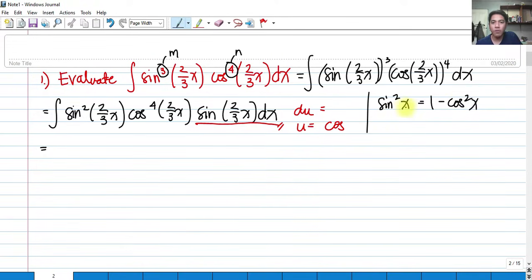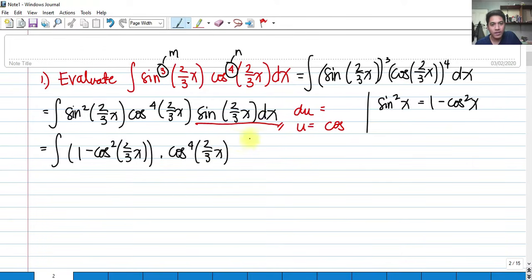In this case, the function inside the sine is not only x but 2/3 of x. So we have 1 minus cosine squared of 2/3 x, multiplied by cosine raised to 4 of 2/3 x, then sine of 2/3 x, then dx.